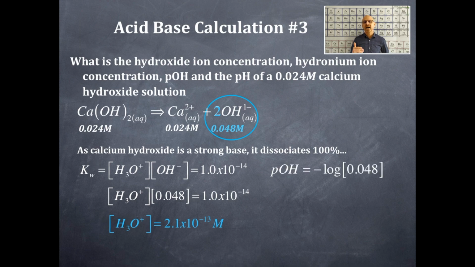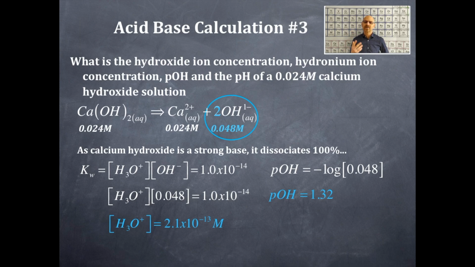I'm going to take the negative log of the hydroxide ion concentration. The negative log of 0.048 gives me the pOH, and the pOH is 1.32. So now I've got the hydroxide ion concentration, the hydronium ion concentration, and the pOH.